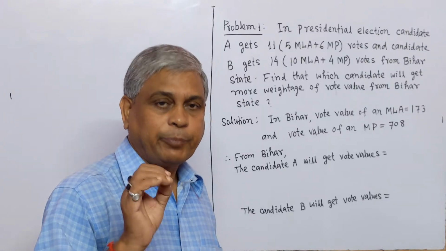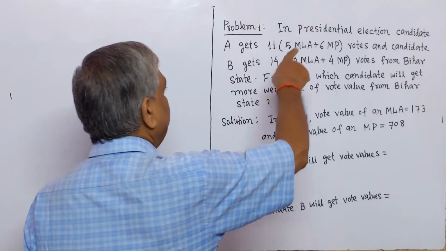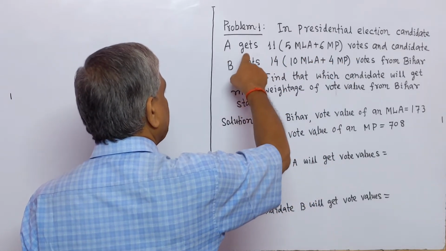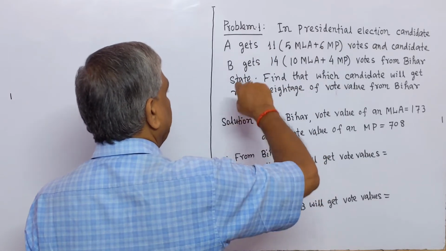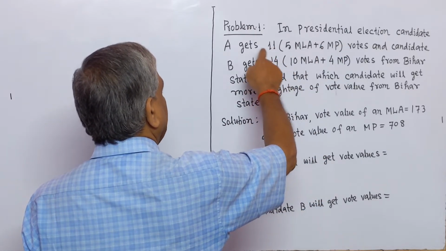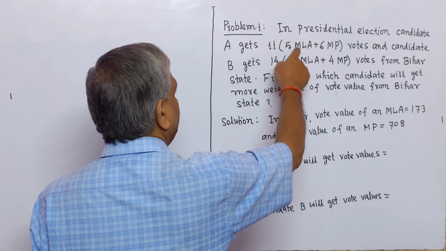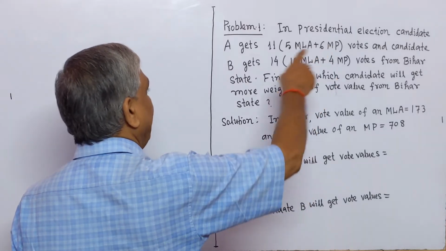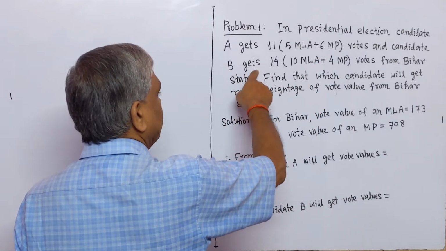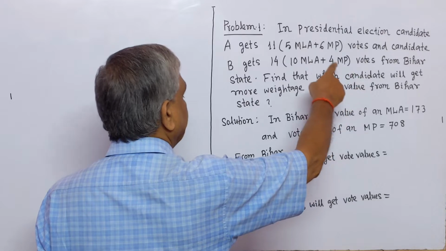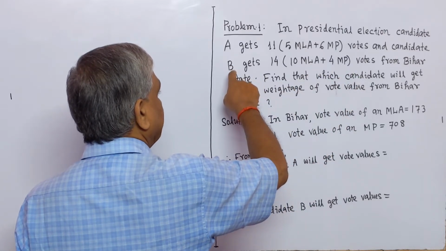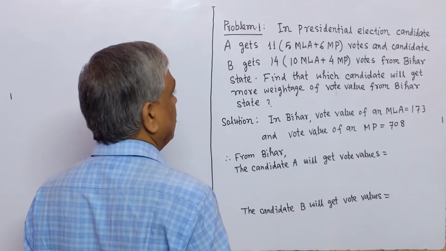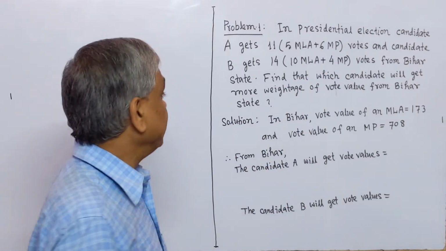Now we solve a problem. Problem is, in presidential election, candidate A gets 11 votes, in which candidate A gets 5 MLA votes and 6 MP votes, and candidate B gets 14 votes, in which candidate B gets 10 MLA votes and 4 MP votes from Bihar state.